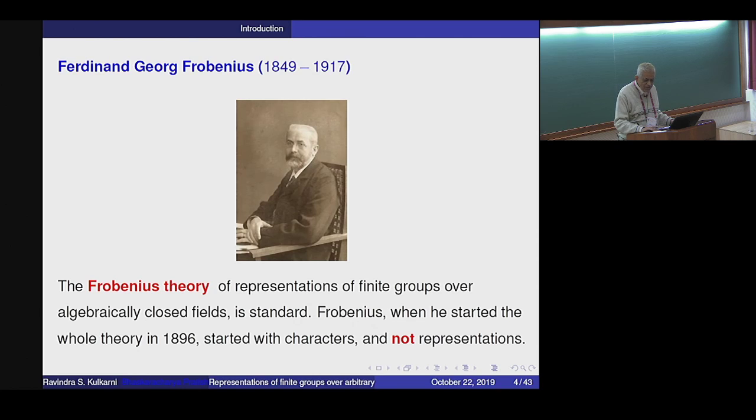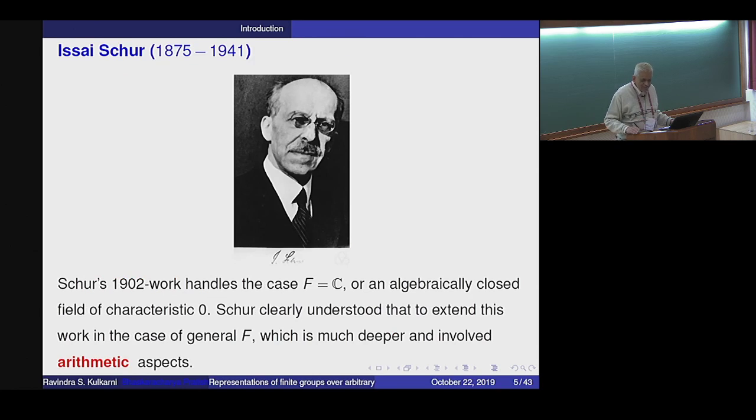This representation theoretic point of view was introduced by Schur in his thesis 6 years later. Schur was a student of Frobenius, and he handles the case F of complex numbers or an algebraically closed field of characteristic 0.